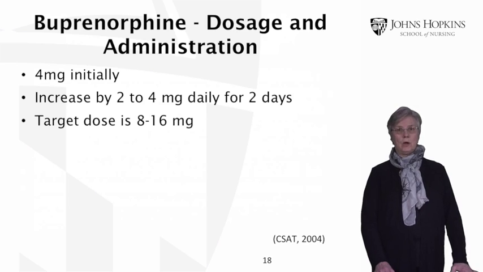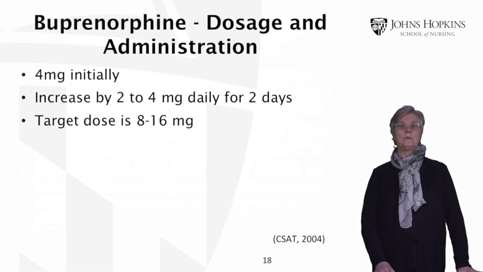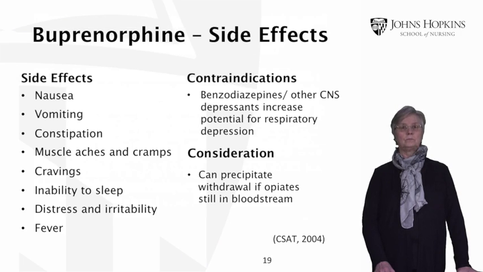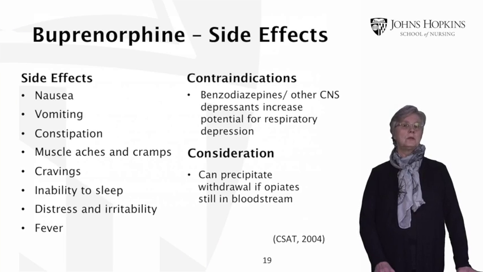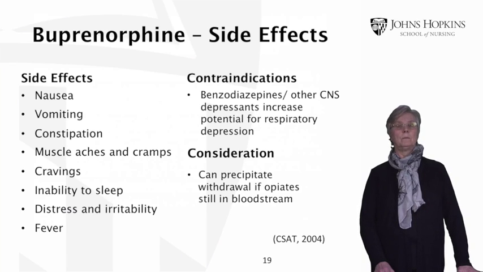Buprenorphine dosage and administration is 4 milligrams initially, and then there's an increase of 2 to 4 milligrams daily for 2 days, again with a target dose of 8 to 16 milligrams. The side effects of buprenorphine are nausea, vomiting, constipation, muscle aches and cramps, cravings, inability to sleep, distress and irritability, and there may be fever.